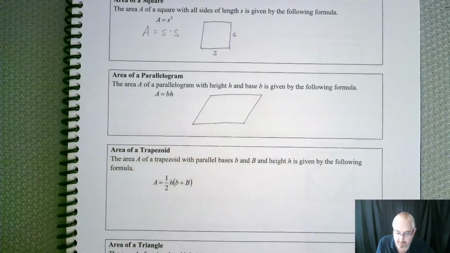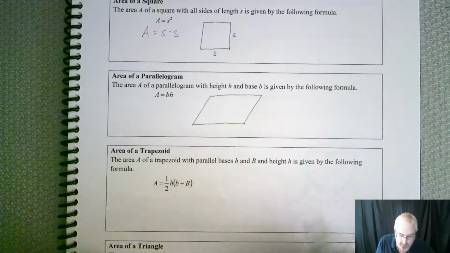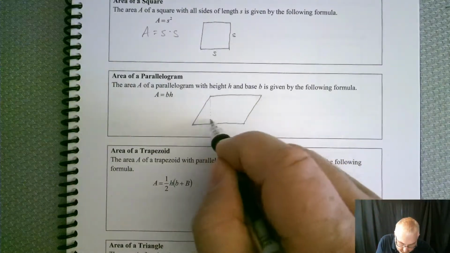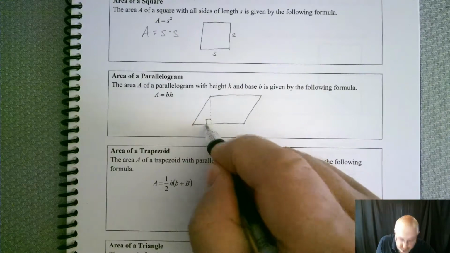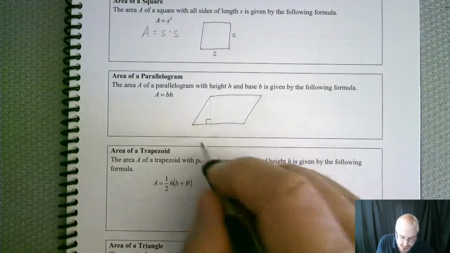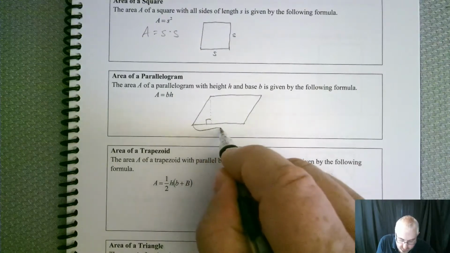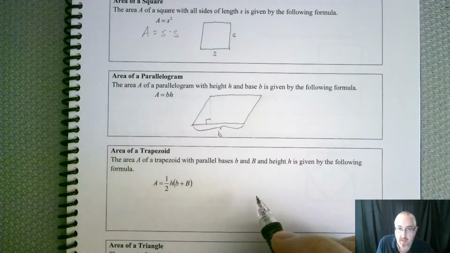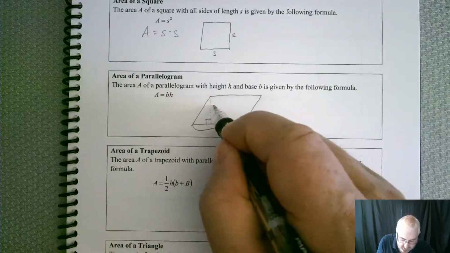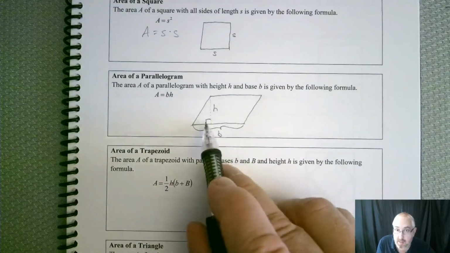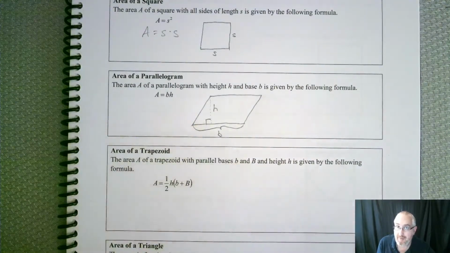We need a special dimension in a parallelogram, and that special dimension is right here. And why it's special is because it forms a right angle with one of the sides. So what they usually like to call the B is the base. So the base of the parallelogram is B, and then this dimension here is H, which is the height. So because it forms that right angle, now we can find the area of it.